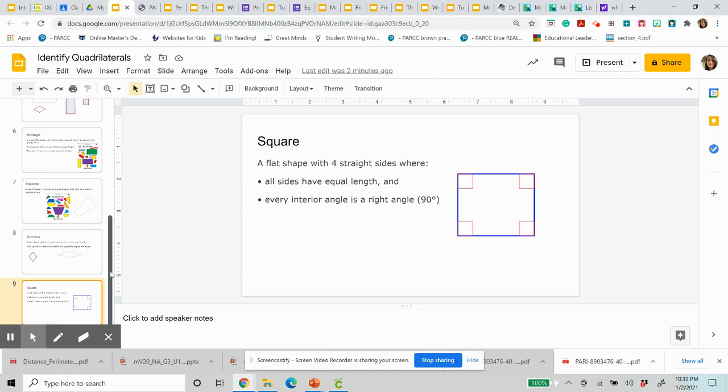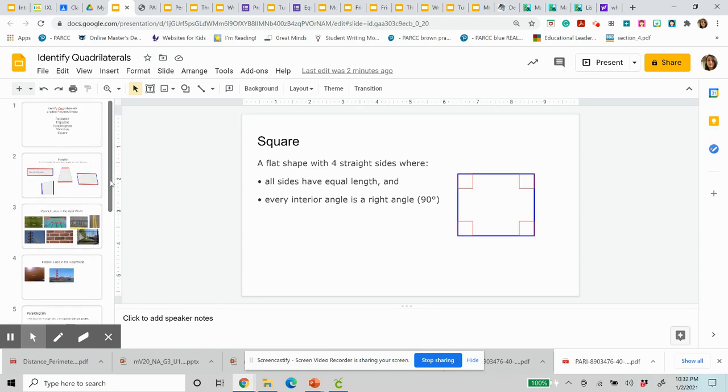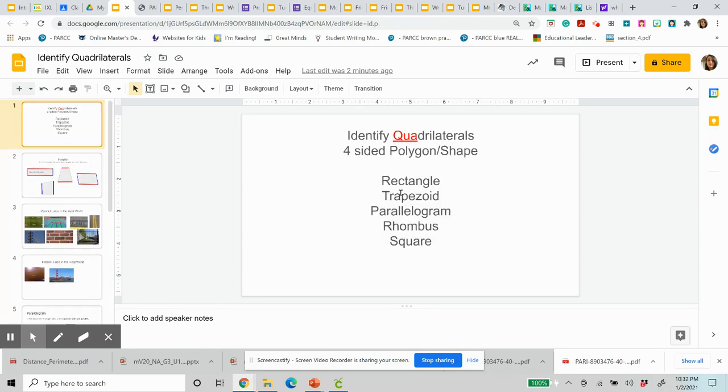So that's our quadrilaterals: a rectangle, a trapezoid, a parallelogram, a rhombus, and a square. Okay. A rhombus and a square look pretty similar, right? Except the rhombus doesn't have to have four right angles. The opposite angles are the same.